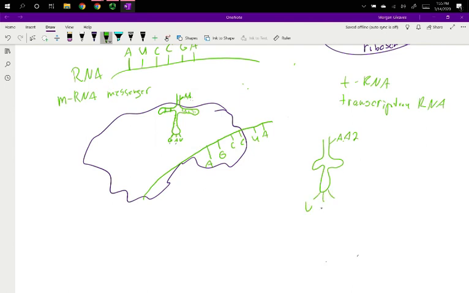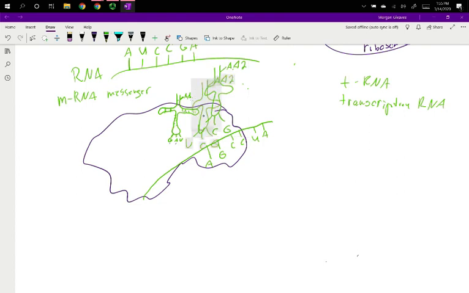So this one would be UCG. Eventually, this other tRNA will drift by, bounce in and out, and if it's the right match, which in this case is G to C, C to G, A to U, they will line up together.